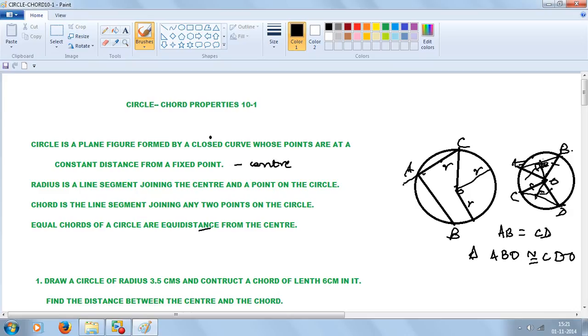So OE is equal to OF. That we can prove. In circles, it is very easy to prove. So what we have to look at: if chords are equal, the perpendicular distance is equal, the radius is common.